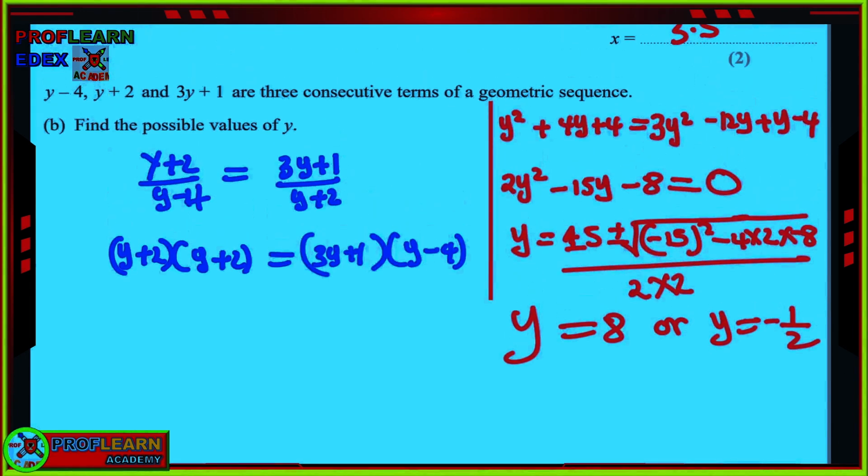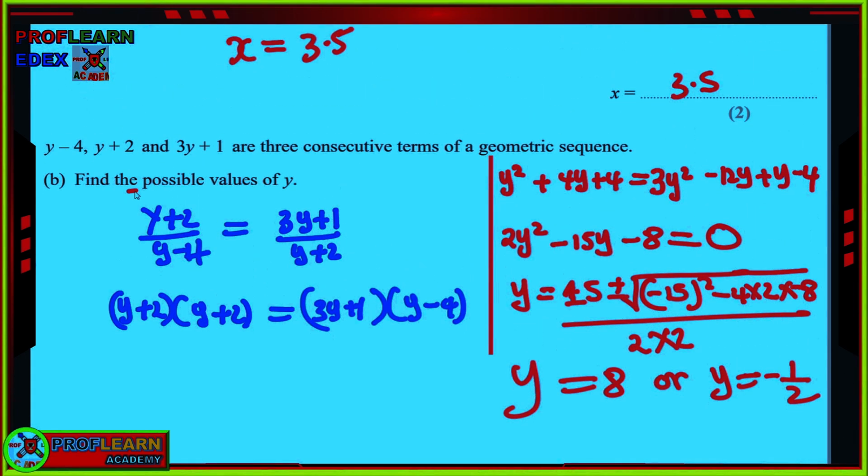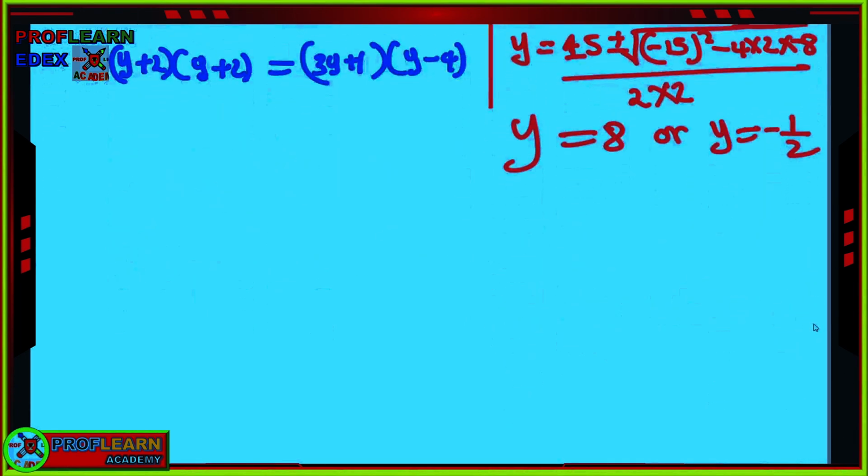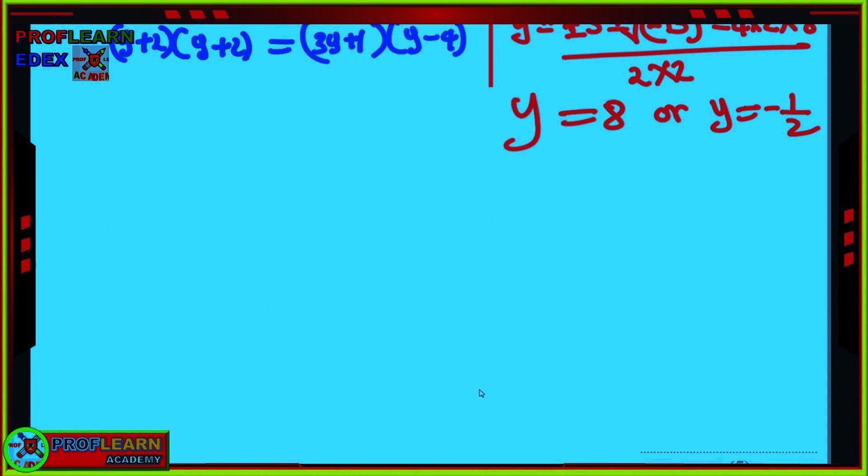So those are the two possible values of y. That is what we do as your answer. So you need to understand how to work out question sequence in that case.